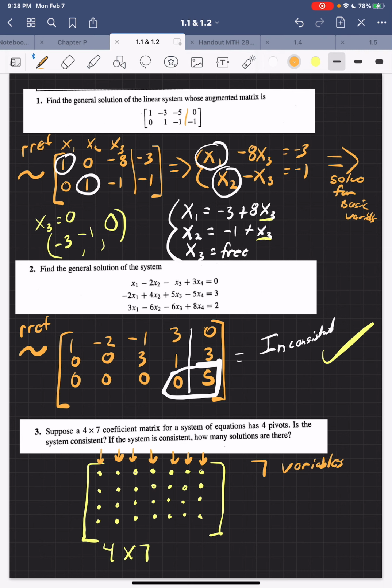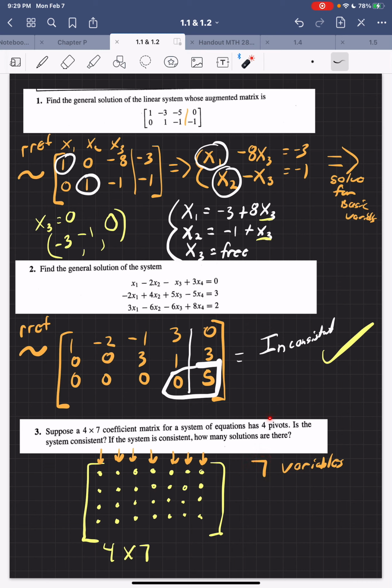Now, it's binary in the sense that each of these variables either is a basic variable or a free variable, right? But it can't be both. So either all 7 are basic variables, or all 7 are free variables, or some combination.